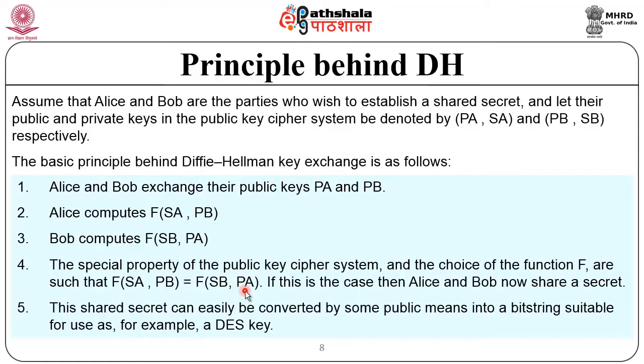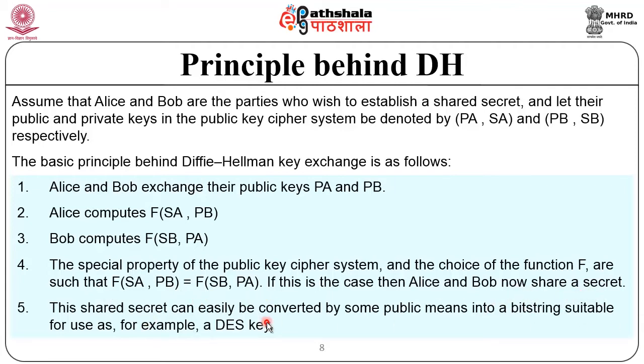So, now we know that they have a shared secret. Actually they never exchange their secret information, because Alice never shared her SA and Bob never shared his SB. Only PA from Alice to Bob, and PB from Bob to Alice are exchanged. But after applying the function, both the values are going to be the same. So, that is what they share as a secret.